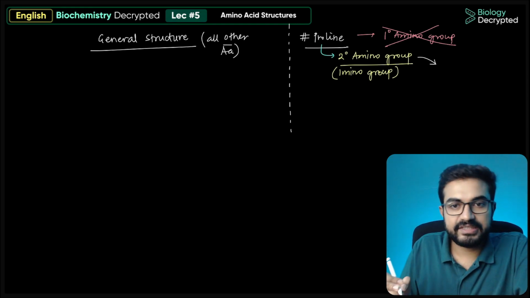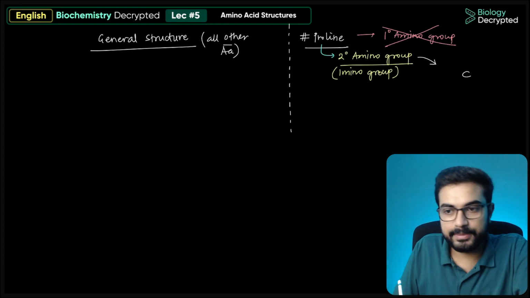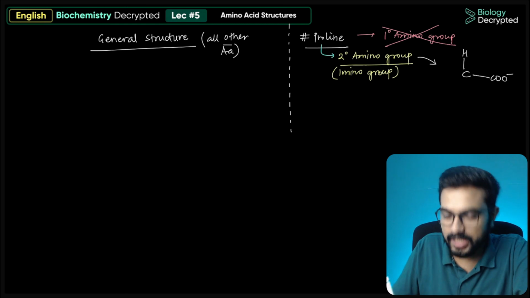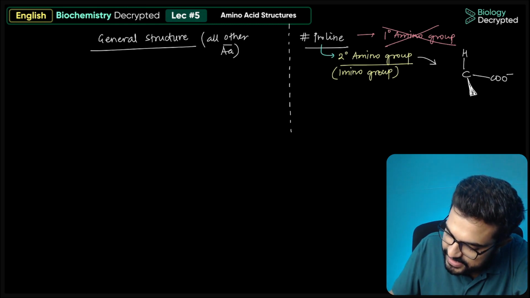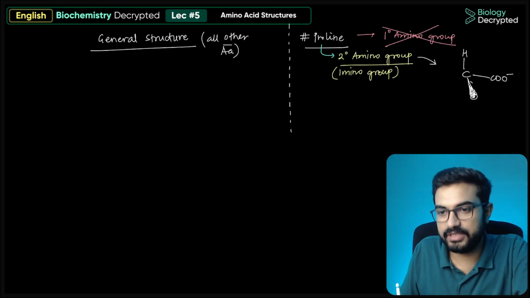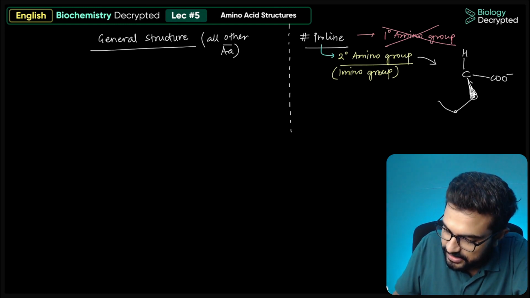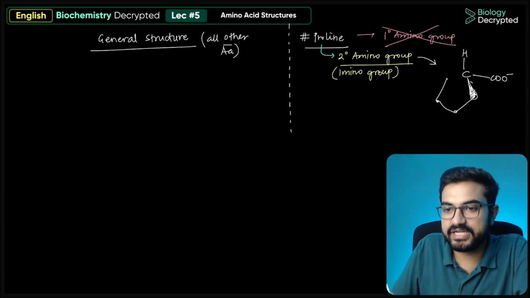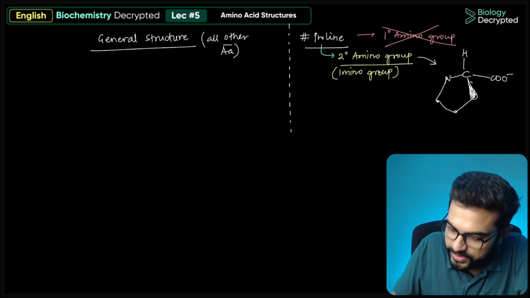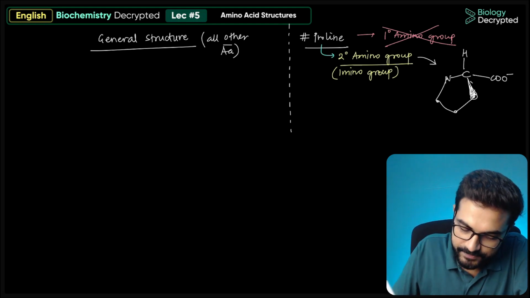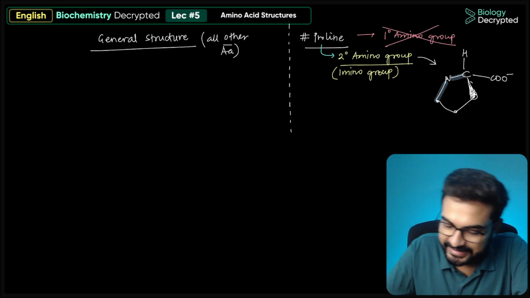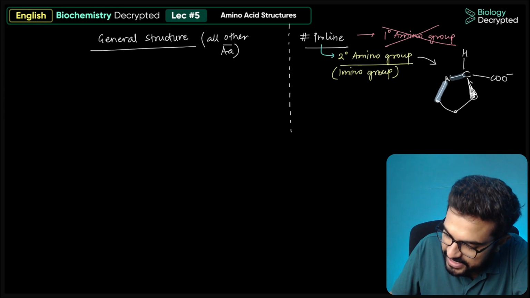The structure looks like this. There is a carbon here, then there is this hydrogen, there is this COO minus. Then this carbon backbone is there. There is another carbon here, then this carbon comes here, then it goes here, and finally it gets bonded to the nitrogen. What we see here is there are two bonds formed by nitrogen, so these two behave as R groups.